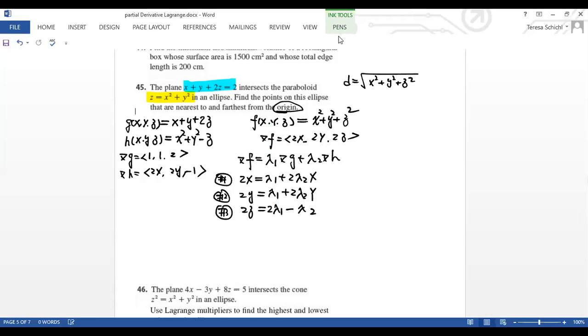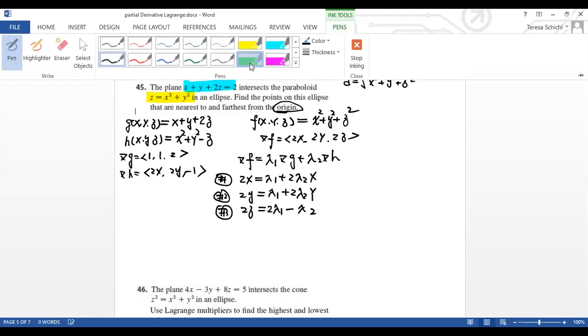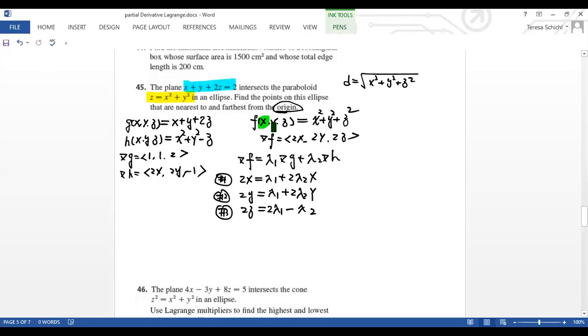How many variables do I have? x, y, z, then lambda 1, lambda 2. So I have 5 variables, and I need 5 equations. The remaining 2 equations are just your constraints: x plus y plus 2z equals 2, and z equals x squared plus y squared. So this is our system.